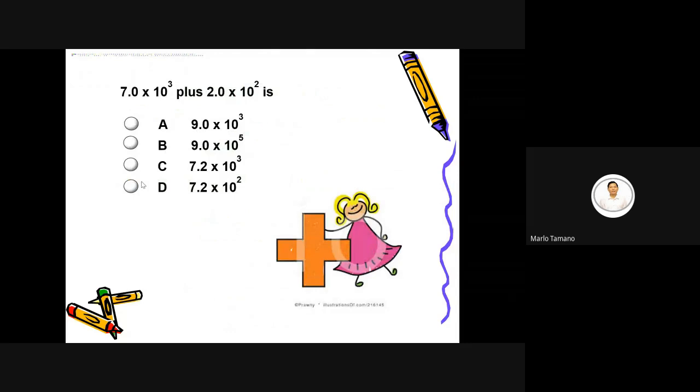Alright, this one now. 7.0 times 10 cubed plus 2.0 times 10 squared. What do you think the answer is here? You will move the decimal. Which exponent will you follow? The cube. So 10 cubed. What is the answer?